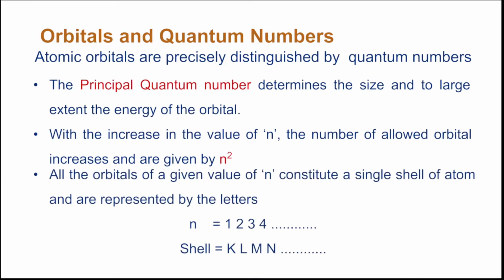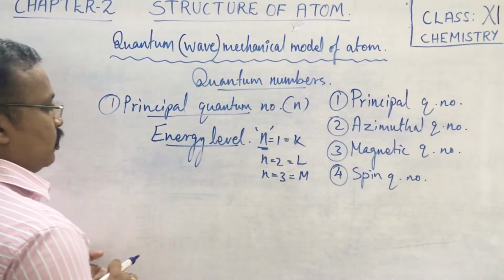All the orbitals of a given value of n constitute a single shell of the atom and are represented by the letters K, L, M, N or n is equal to 1, 2, 3, 4, etc. Next we have the azimuthal quantum number.